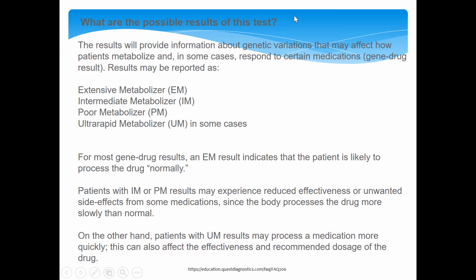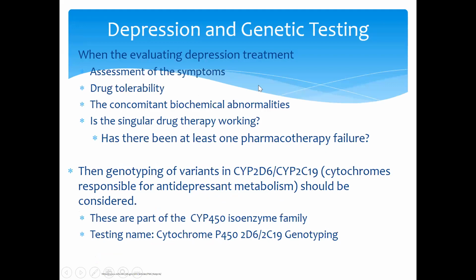So when we're looking at some of these genetic tests in relationship to drugs, we're trying to find out, are they an extensive metabolizer? Remember that there's a half-life to medications, and a half-life is based on a generalized public sample. Well, if they're an extensive metabolizer, let's say we're dealing with 100 milligrams and 100 milligrams is metabolized in 6 hours, they may metabolize 100 milligrams in less than 6 hours.